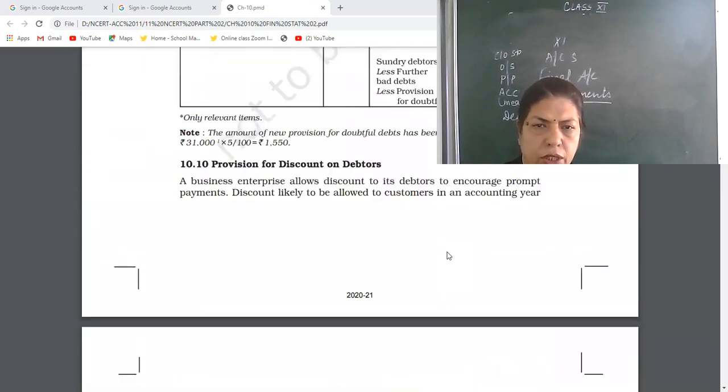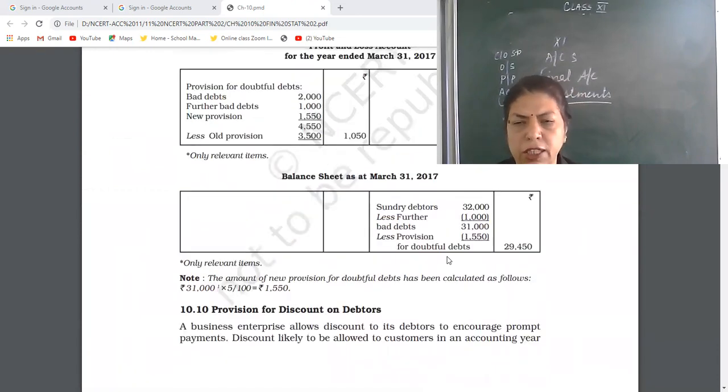Next, provision for discount on debtors. Every organization keeps some amount of profit as provision for giving discounts to debtors, to encourage prompt payment, quick payment, early payment before the due date.